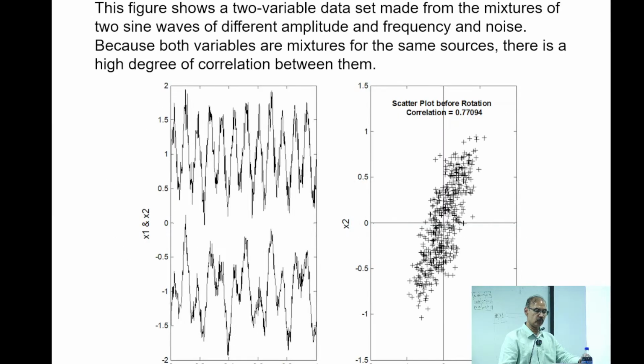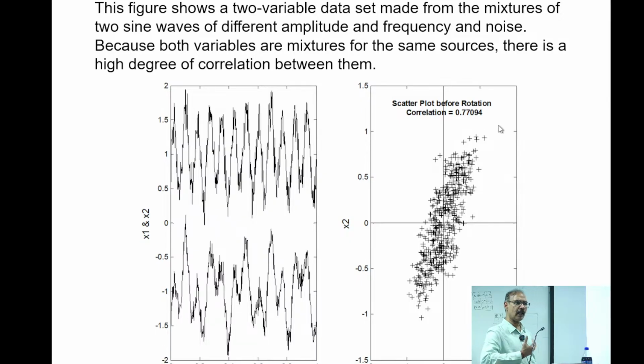If you have two time series, right? These are two time series. And this one, would you say that this is correlated, and if you did a scatter plot, the correlation is 0.77, right? Fairly good correlation.